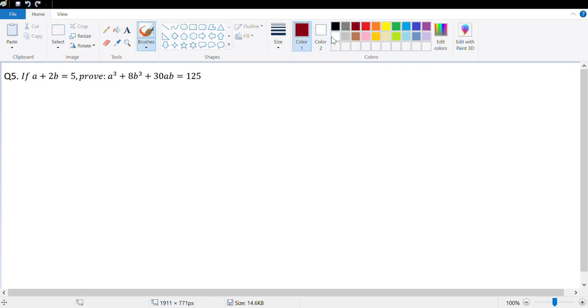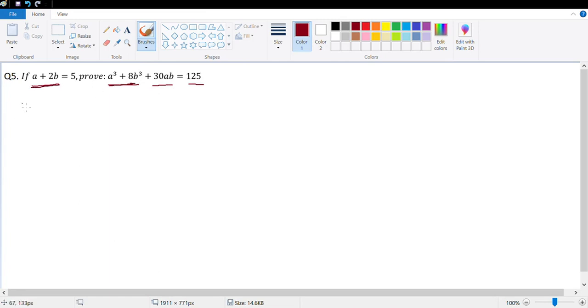It says if a plus 2b is equal to 5, prove a cube plus 8b cube plus 30ab is equal to 125. Okay, I noticed that a cube plus 8b cube I would get if I cube the left hand side.